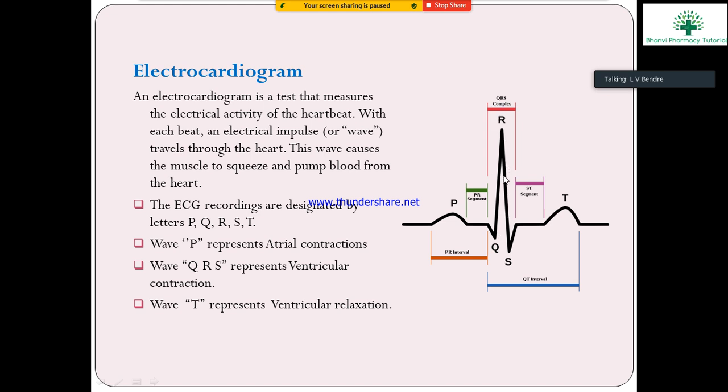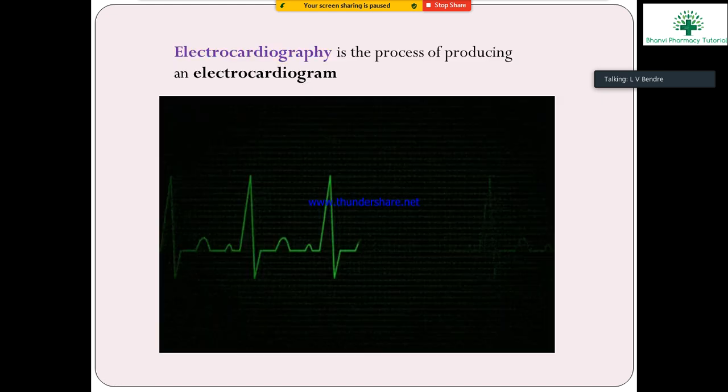Next, the wave T represents ventricular relaxation. This is the T, ventricular relaxation. In the QRS interval there is more electrical energy and more beating.